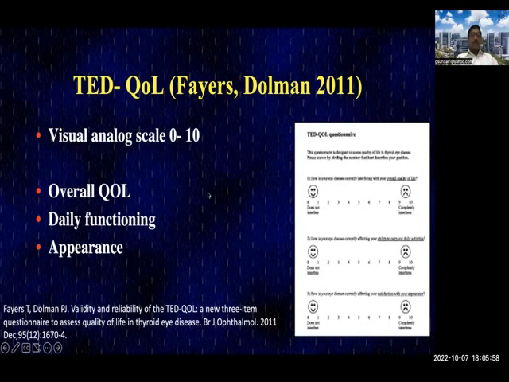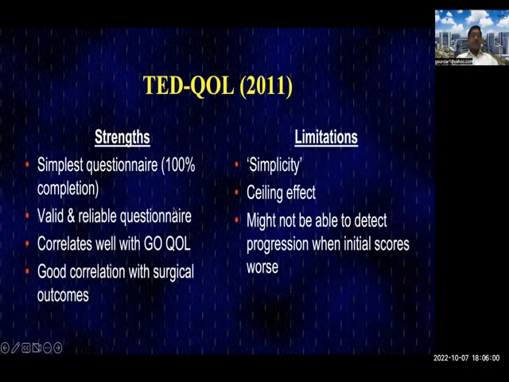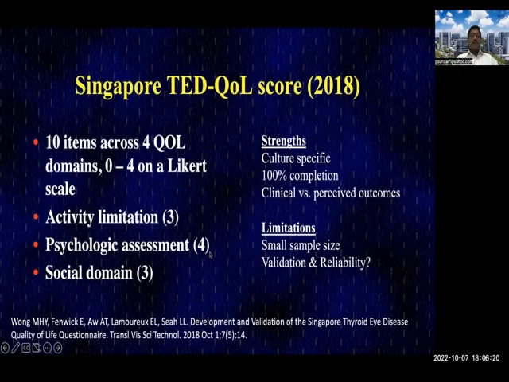And the greatest advantage is these questionnaires can be used in such a way that there's a 100% completion rate. It's a validated and reliable questionnaire and correlates fairly well with the GOQOL and also correlates well with surgical outcomes. The problem is the simplicity. Because of the ceiling effect, in patients who are already presenting with significant affection of quality of life, progression may not be well monitored in such patients.